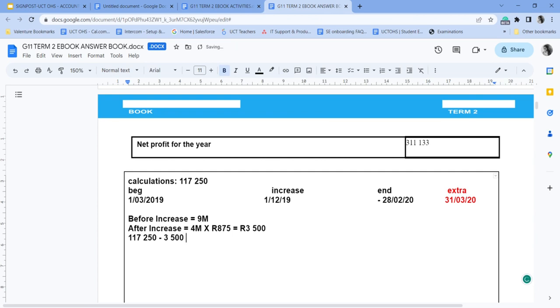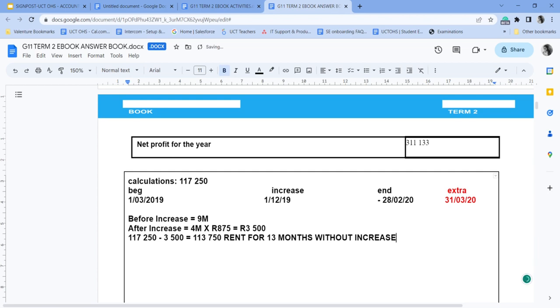Okay, so if I minus those 4 months of increase from the original rent amount, I get 113,750. So this is what? This is rent for 13 months without increase.